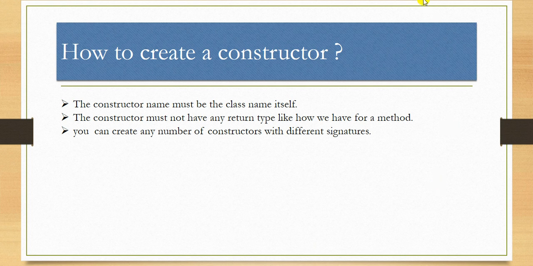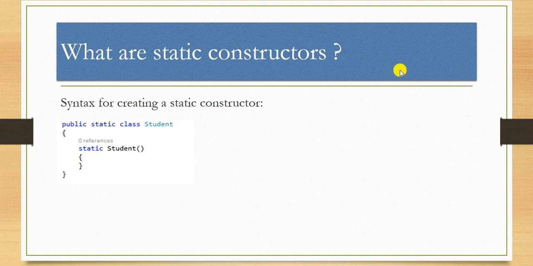Okay, so now I'm going to talk about what static constructors are. The syntax for creating a static constructor is, I've created a class called Student. You already know the syntax for creating a static class. And if you notice, there's no access modifier here, as for an instance class that had public, and there's no return type.